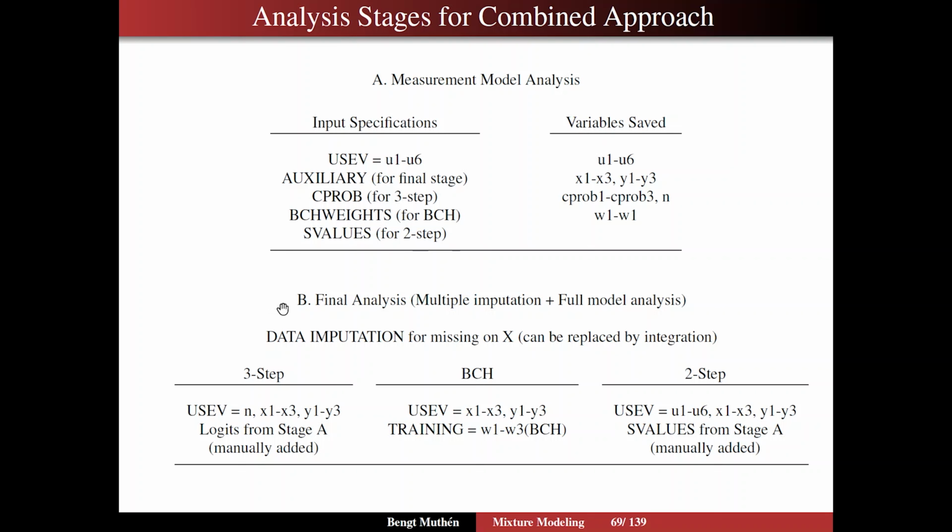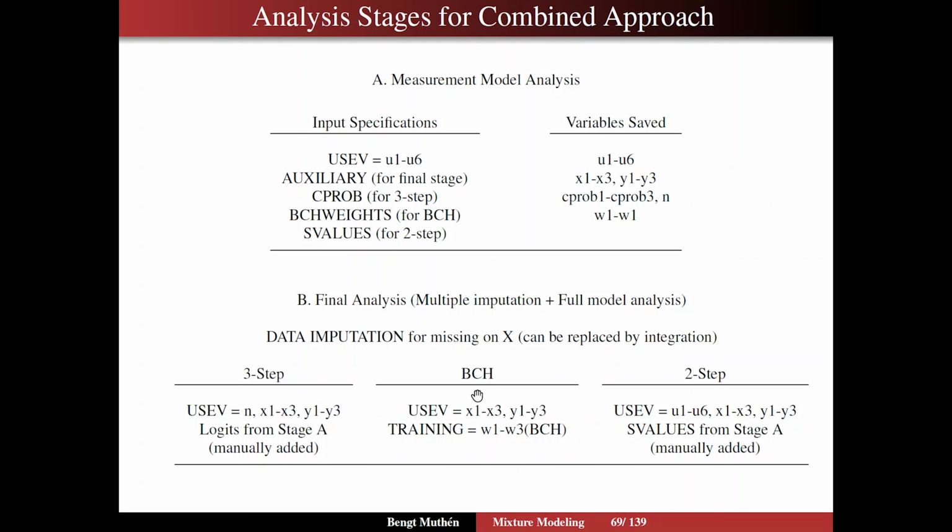So in the stage B, then, you have the 3 approaches following the data imputation. In 3-step, we have use variables N, X1, X3, Y1, Y3, and use the logits from stage A, which you add manually then for the last stage.